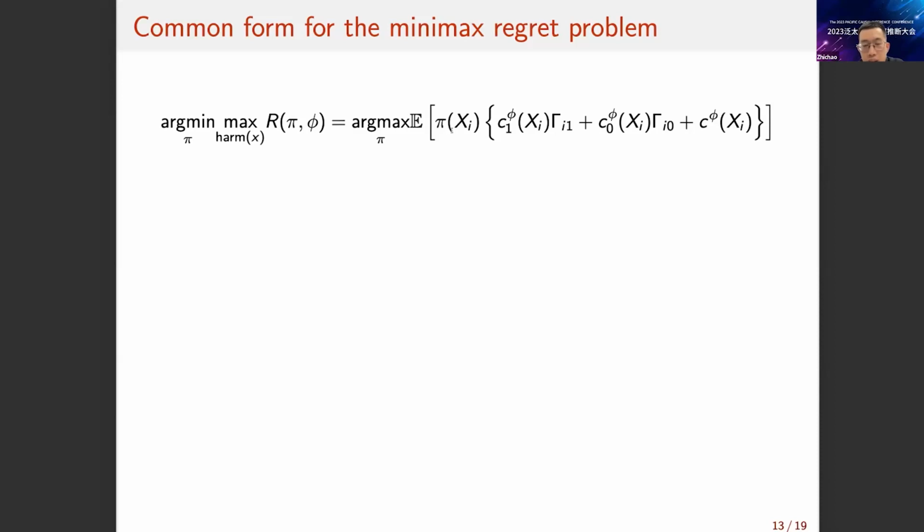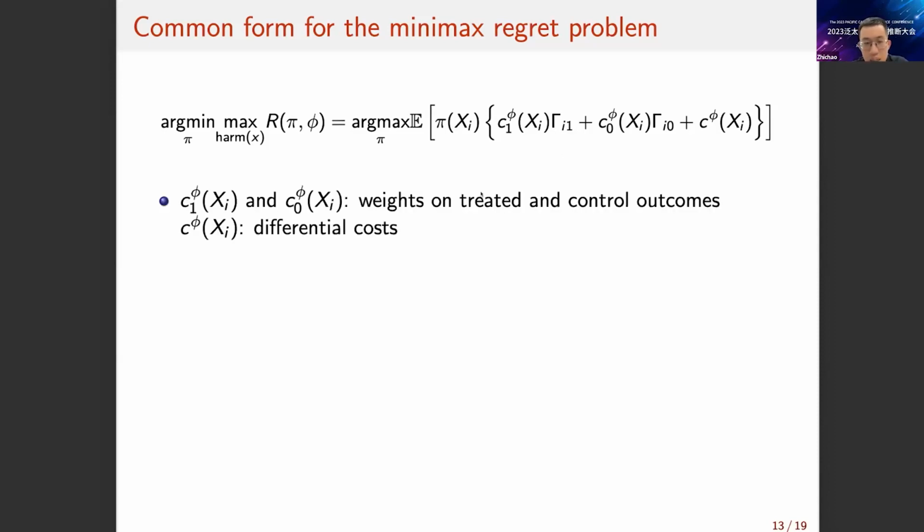So the pi x, the target function here, can be viewed as a classification function, and the terms within these brackets are the weights. And the C1 and C0 correspond to the scores for each individual, and the C is the cost function.